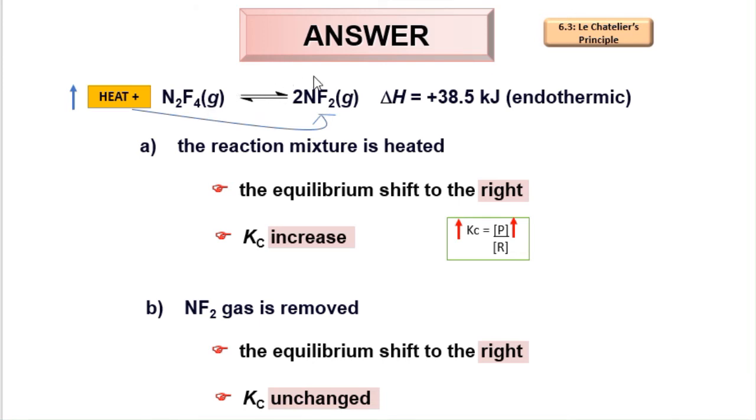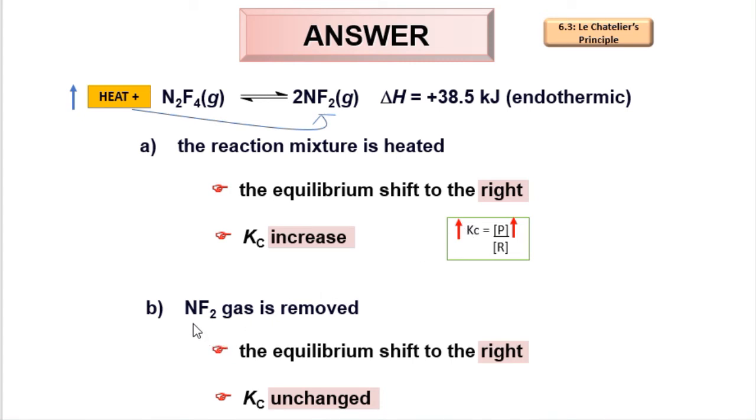So the mixture will shift to the right. What happened to the Kc? When the system shifts to the right, the concentration of the product, nitrogen difluoride, will increase, and the concentration of reactant will decrease. So the Kc value will increase. Bear in mind that the Kc value will only be affected by temperature.